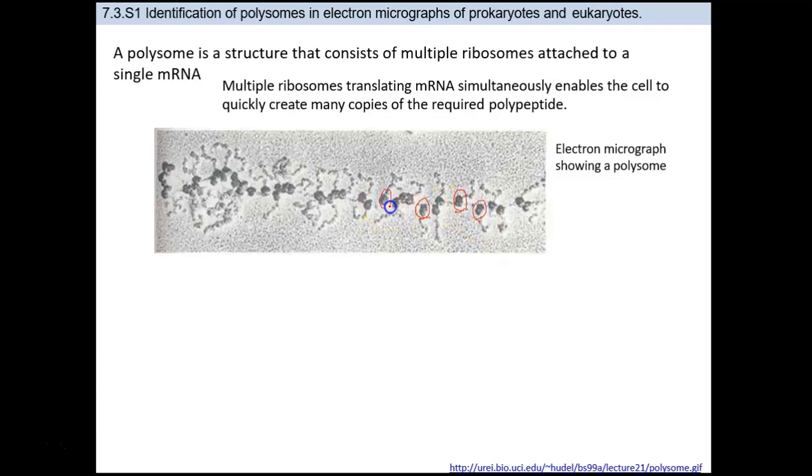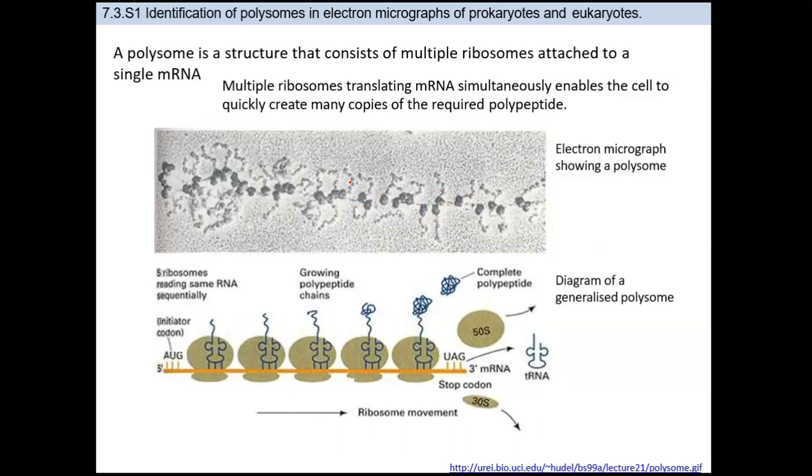You see, each of these is a ribosome, and each ribosome has a growing amino acid chain. This ribosome has this growing chain, and this ribosome has this one. So each ribosome has a growing amino acid chain as a protein. That's why we call it a polysome.